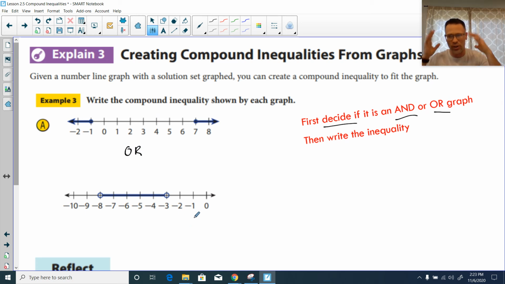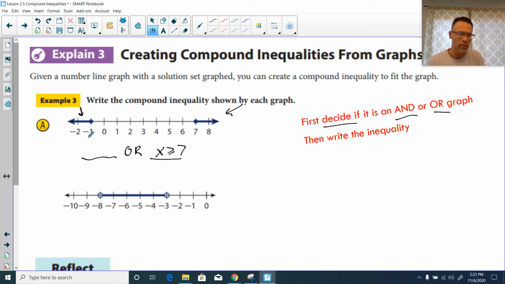The first thing you're going to do is write down the connecting word, right? The connecting word here is "or." Then you have to figure out, well, what am I connecting? What are my two inequalities? And literally just go look and say, all right, well, what does this one say? Well, this is graphing values that are equal to 7, but also bigger than 7, or greater than 7. So that's going to be x is greater than or equal to 7.